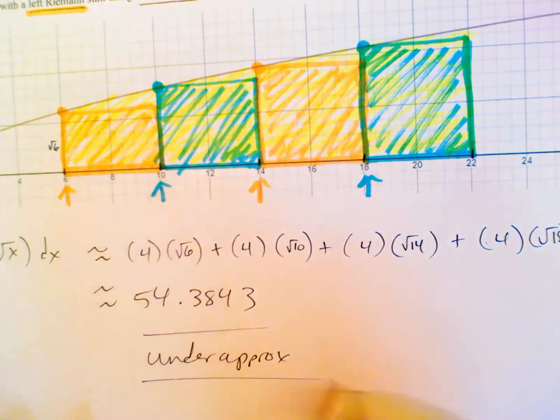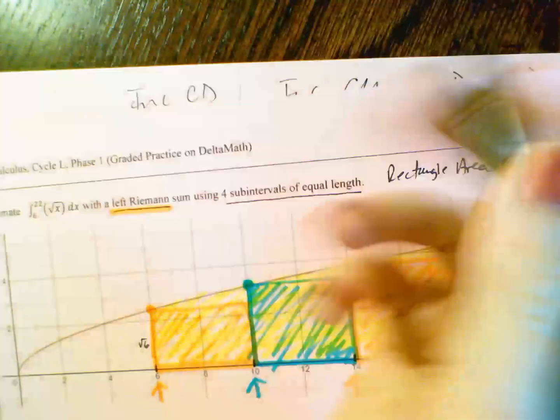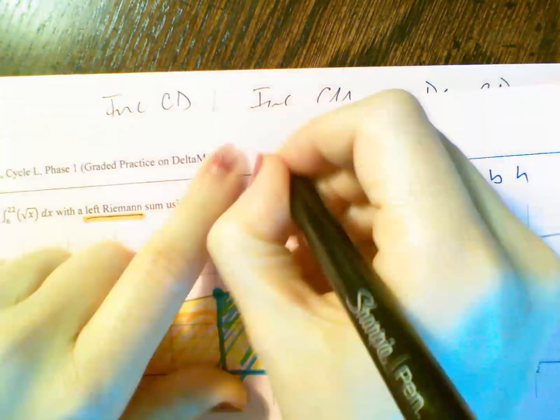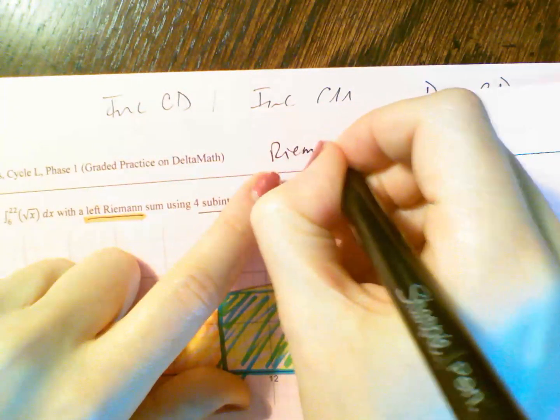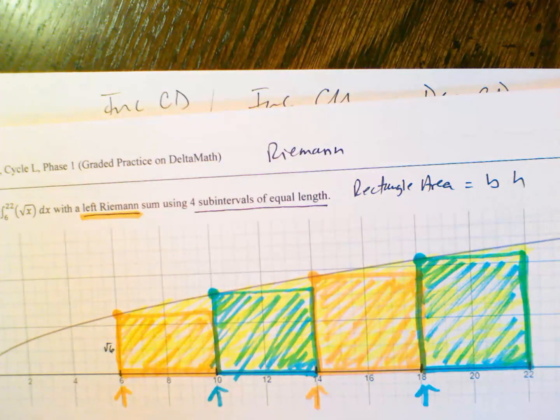And at the very end of this video, guys, I'm going to show you how to say to your reader that it's an under approximation because of some characteristic of the graph. Okay, so let's do a Riemann sum. A Riemann sum is named after the guy who I think either came up with it or formalized it, because I'm sure through history a lot of people in different parts of the world came up with the same idea.